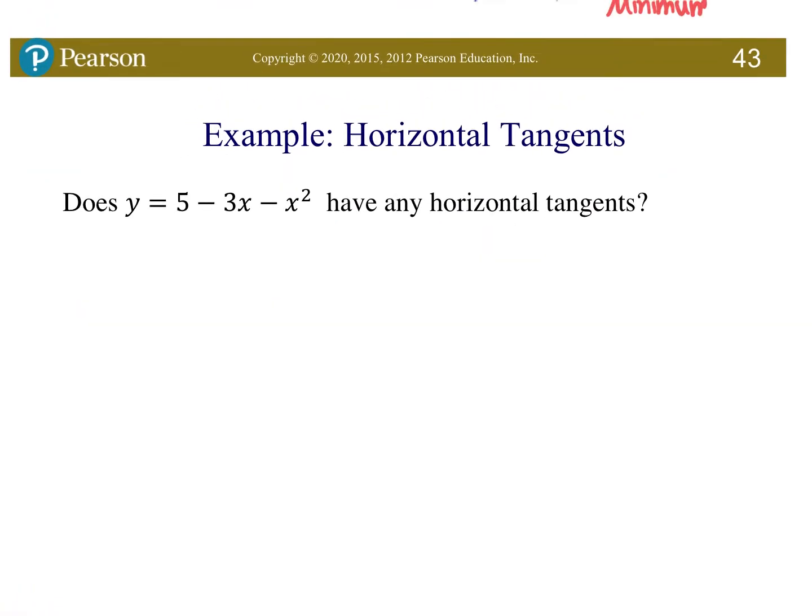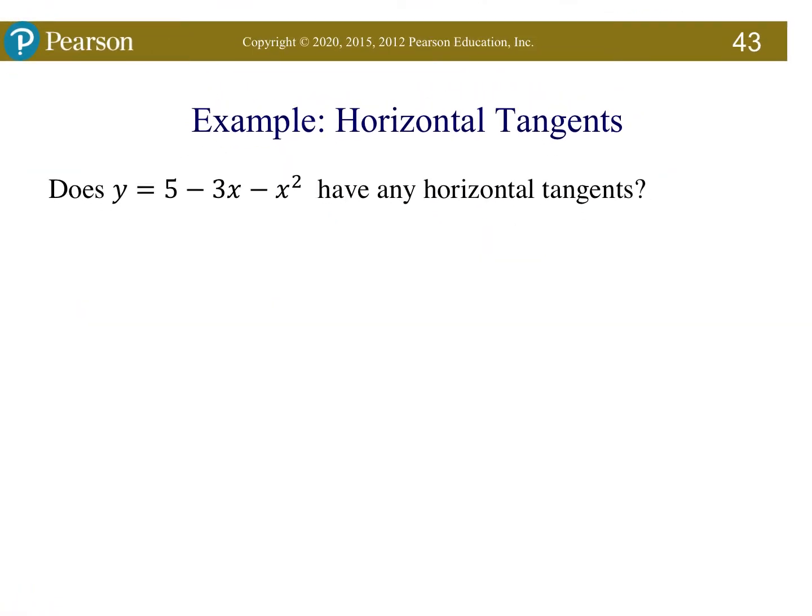So here's the next question. Does this parabola have any horizontal tangents? Does y equals 5 minus 3x minus x squared have any? Well, we can picture a parabola in our head, and sure, it's going to have some. And now our question is, can we find where this would have a horizontal tangent?